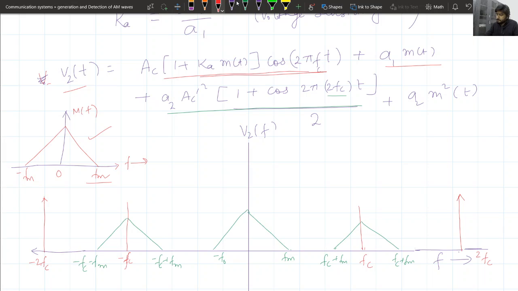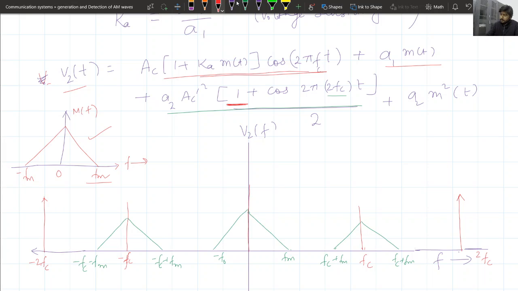And corresponding to this, the magnitude at the zero frequency. So it will come from what? It will come at the origin.